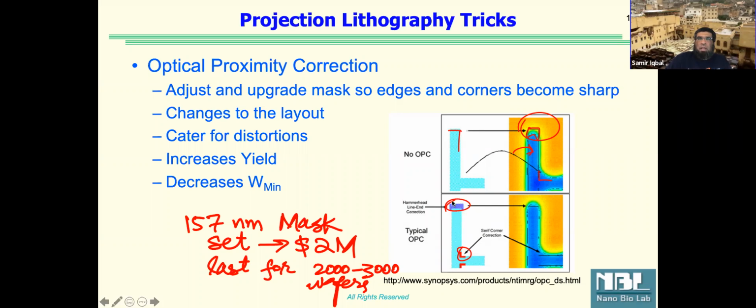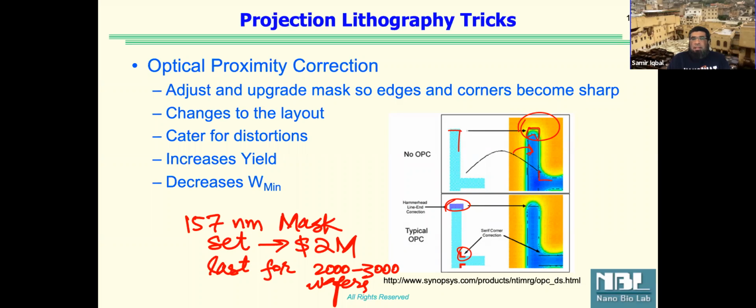So they put hammerhead-type features on whatever needs to be made, and this way they can make exactly the features they like. There's something written here that a mask set for any chip costs about $2 million.